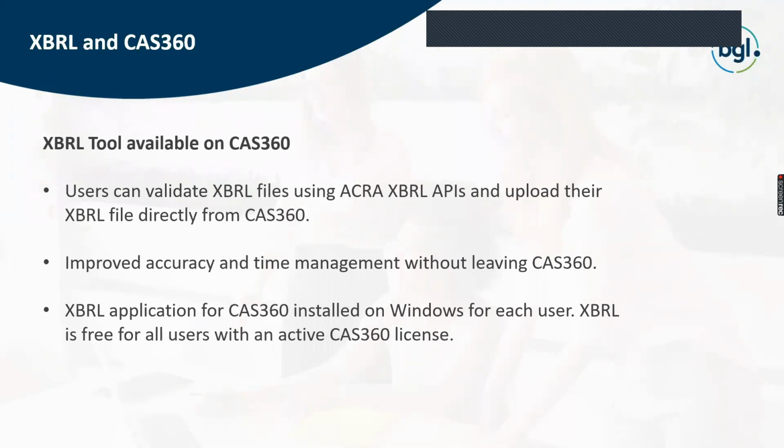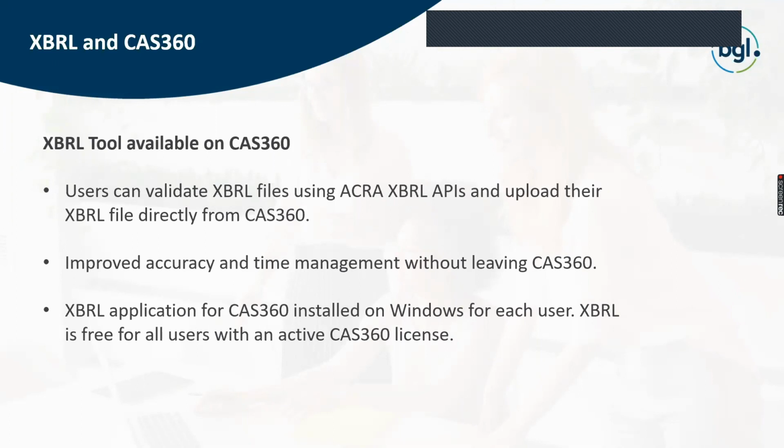So the reason why we're wanting to implement these APIs is to improve the accuracy, as well as give you more time management and give you more time to do other things besides filing XBRL files. So with the XBRL application for CAS 360, this is to be installed for Windows for each user. So each user can download the XBRL app from CAS 360, and this is free of charge for all users that currently have a CAS 360 license.